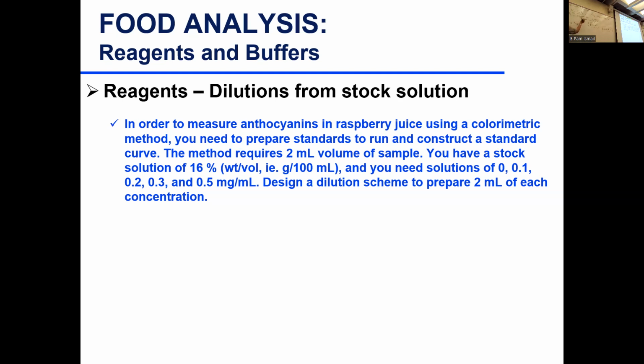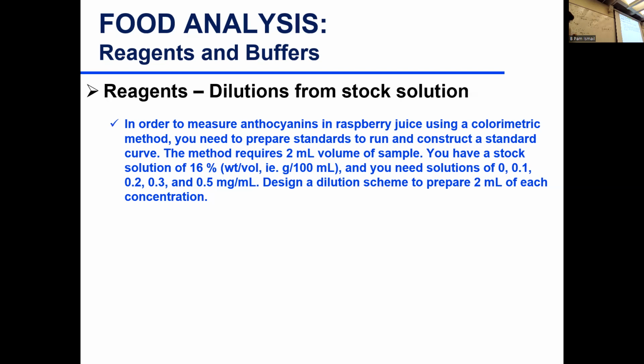So I'm going to apply this equation up here, called CV, and I say, okay, I want 10 milliliter of my diluted stock solution, and I want it to be 1.6 milligrams per mil. And then my original is 160 milligrams per mil.